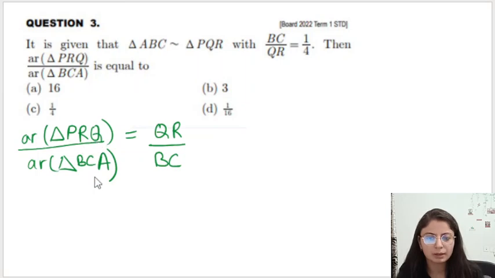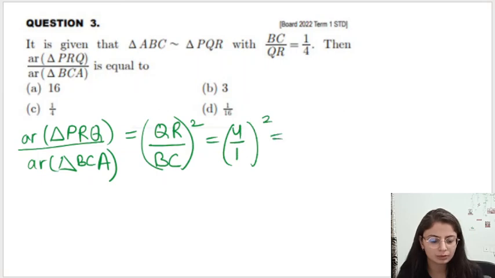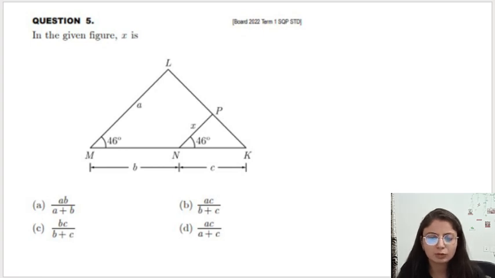PRQ से हमने QR पिक किया एंड इन दिस ट्राइंगल BC है, यहाँ से हमने BC ले लिया, इसका हम स्क्वायर कर देंगे, राइट? अब QR बाय BC क्या हो जाएगा, इसी का रेसिप्रोकल कर देंगे, 4/1 का होल स्क्वायर, सो दिस विल बी 16. सो A पार्ट विल बी द करेक्ट आंसर. फाइन.